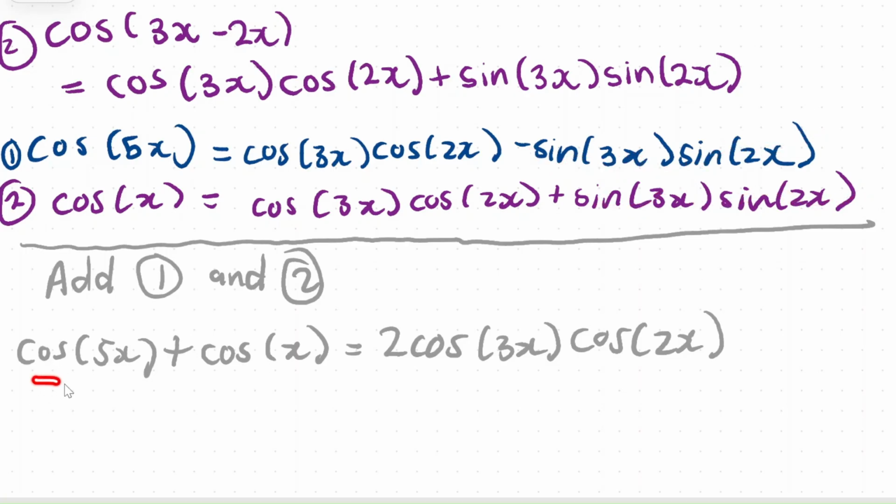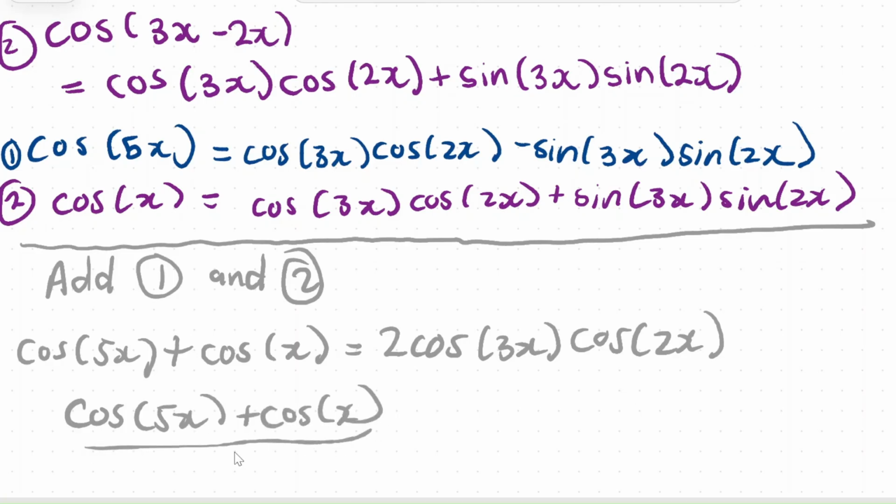So we can say cos 5 of x plus cos of x divided by 2 is going to give us cos 3 of x, cos 2 of x.